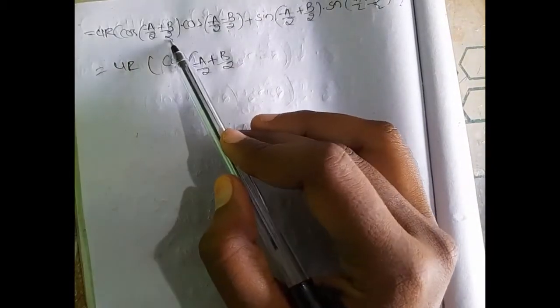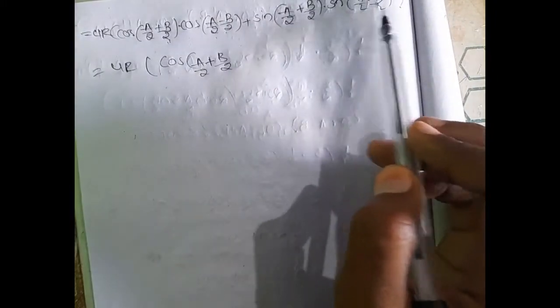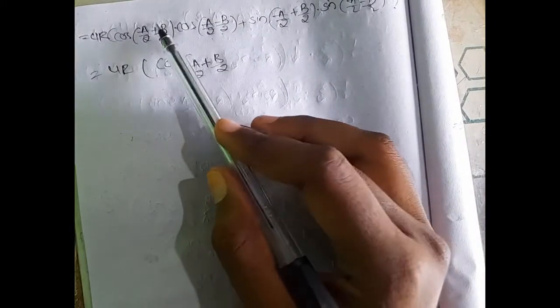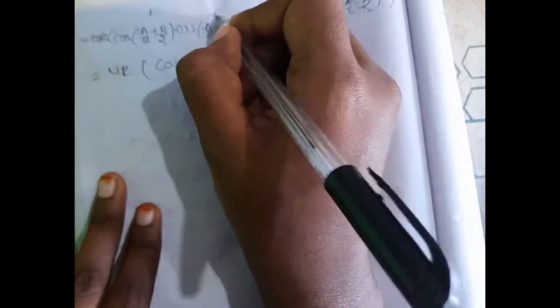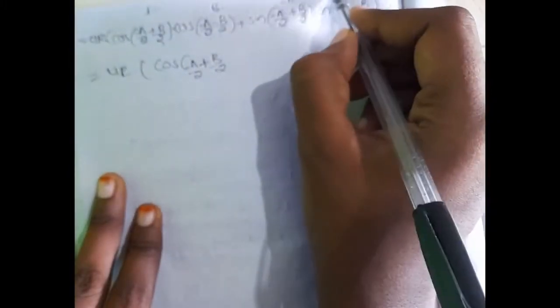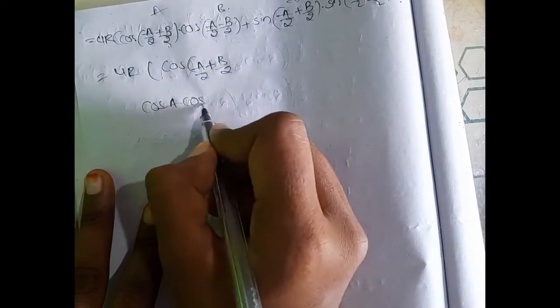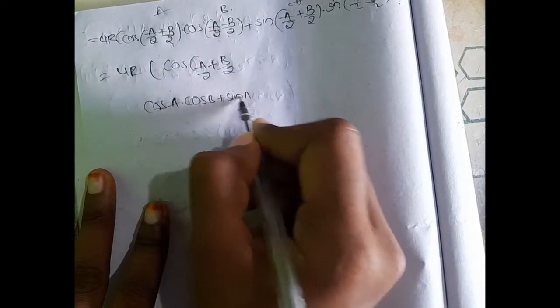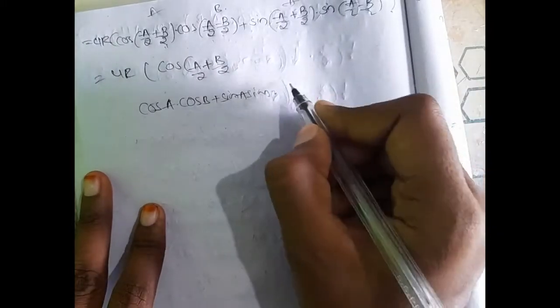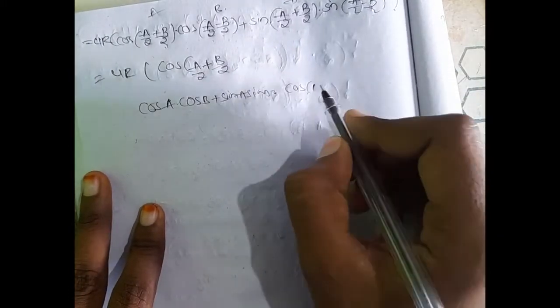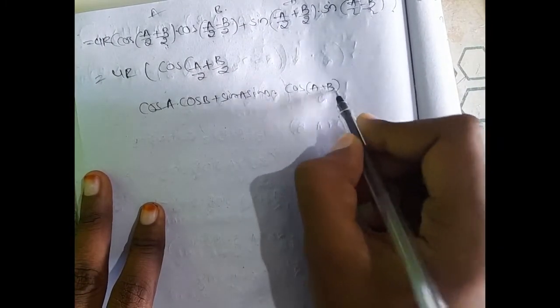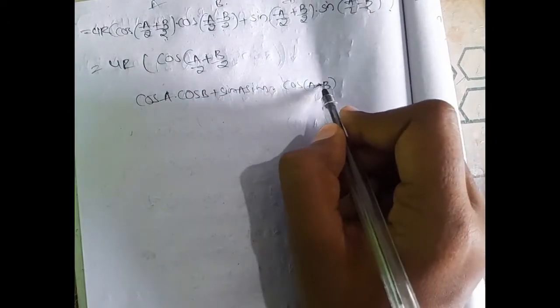So it is in the form of cos a cos b plus sin a sin b. So what is a here? This whole term is a and here the whole is b. So what is the formula of cos a cos b plus sin a sin b? It is cos of a minus b.